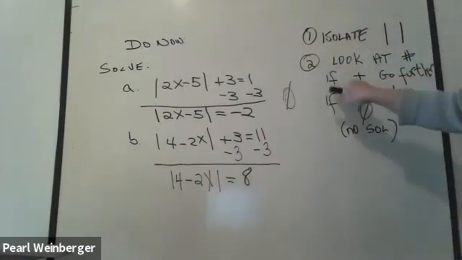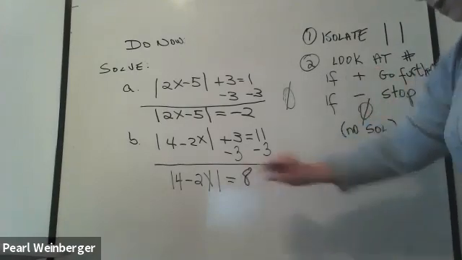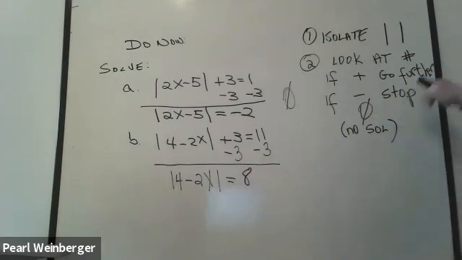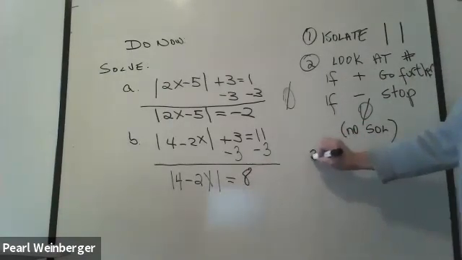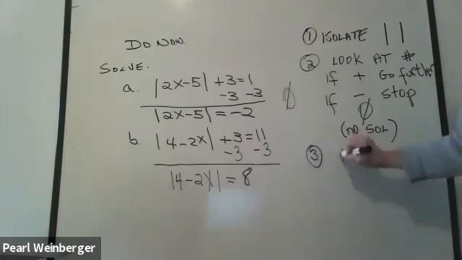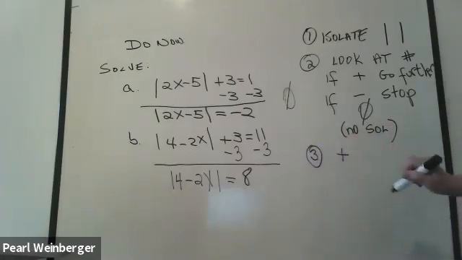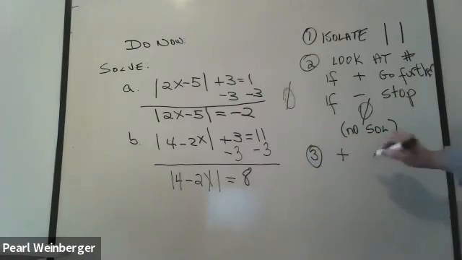I look if that number is positive or negative. That's the number on the other side of the equal sign. In this case, it's positive. So therefore, we have to go further. If it's positive, we have to write 2 equations.